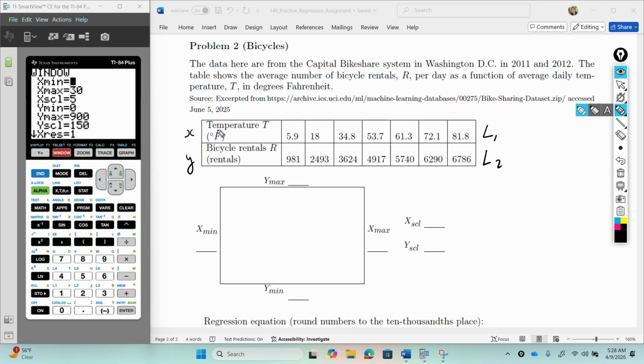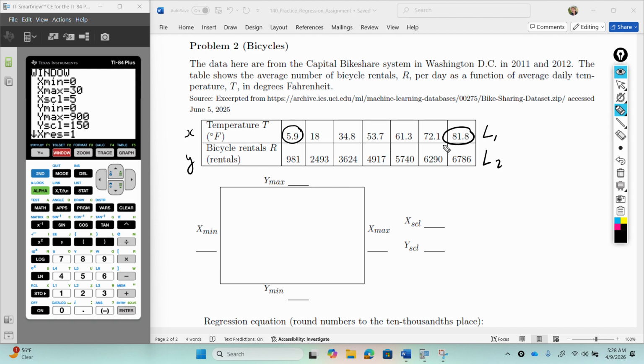Now, my X values go from 5.9 to 81.8. And I want my minimum and maximum to be nice. I'm not going to take the literal minimum and maximum.